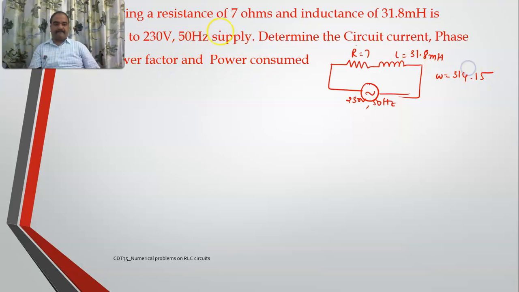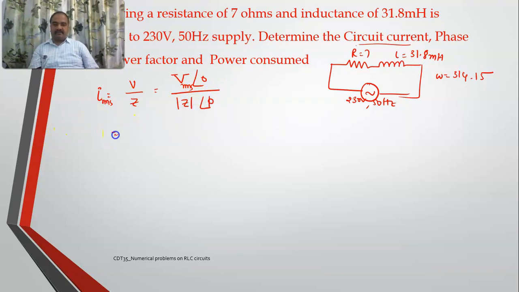We have calculated it. Now the first one is the circuit current. What is current? We have already seen V by Z. What is V? It is V at an angle of 0. I take here RMS, by magnitude of Z at an angle of phi.